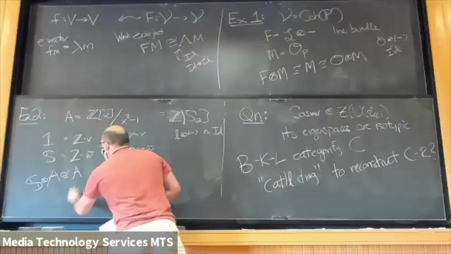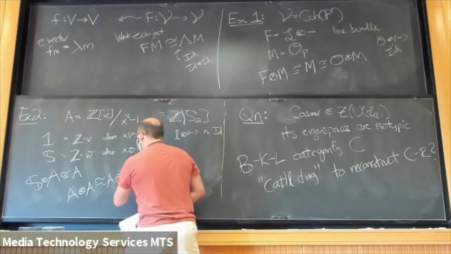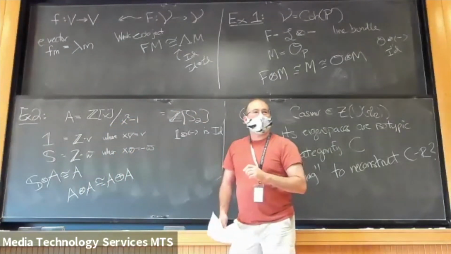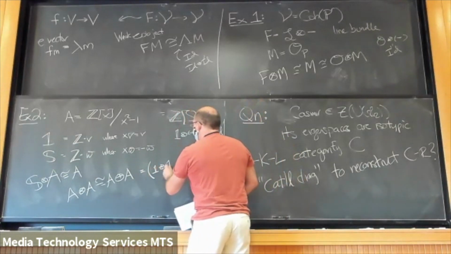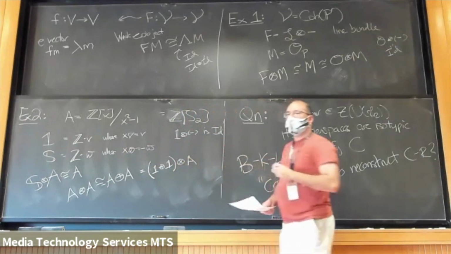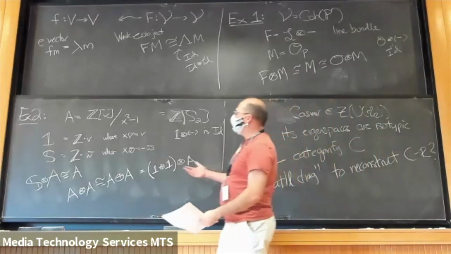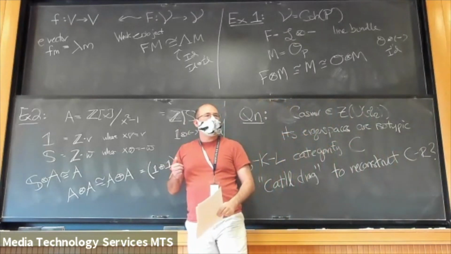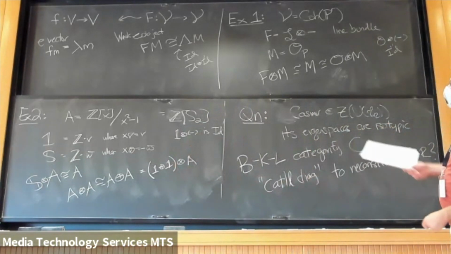And if you look at A tensor A, you can actually prove that this is isomorphic to A plus A, which you can think of as being 2A, or in other words, the identity functor twice tensored with A. So A is an eigenvector for itself with eigenvalue 2. Okay, so here are some examples of weak eigenobjects.